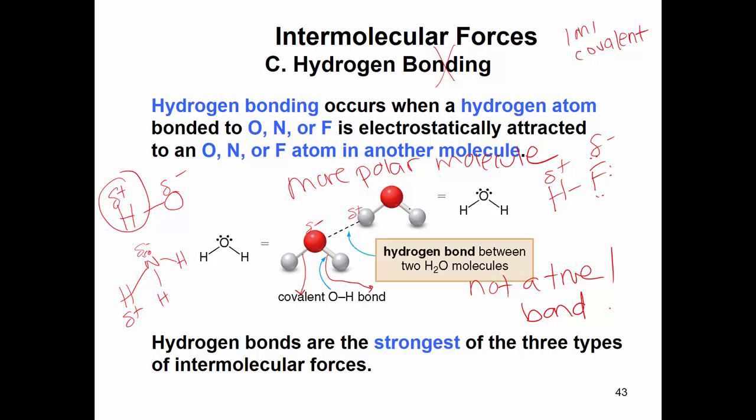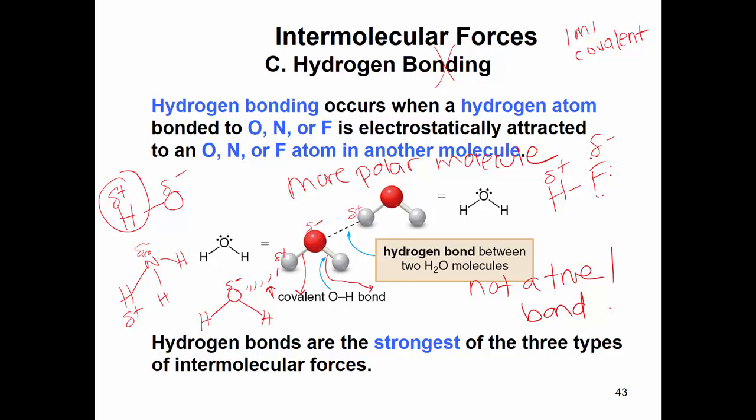Of course there are thousands, millions of these hydrogen bonds occurring. We could keep drawing hydrogen bonds all over this page. If we wanted to, let's draw another one. So here is partial positive, therefore it has to be attracted to partial negative. Negative and positive attract.